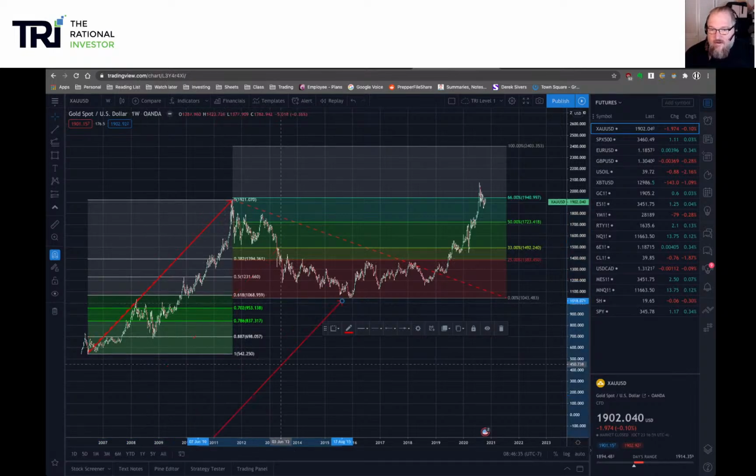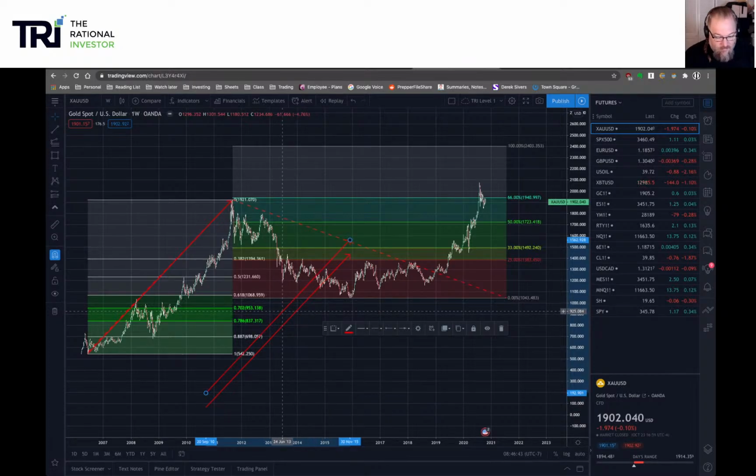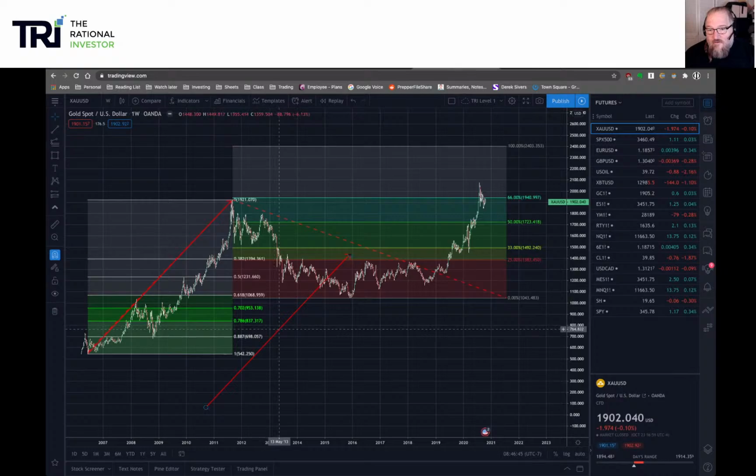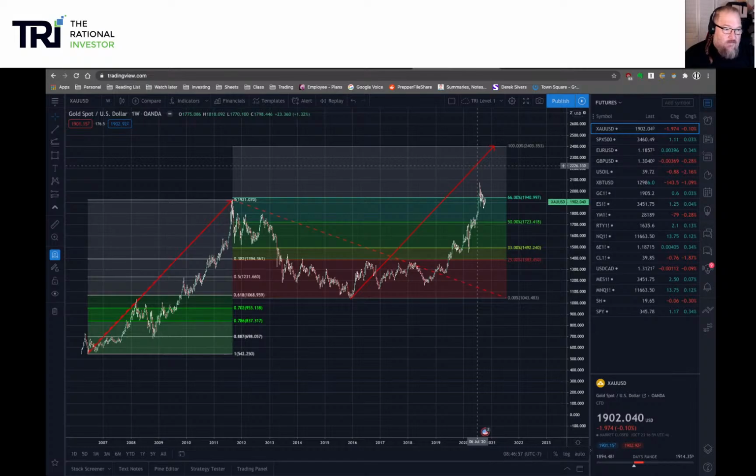All right, we end up with another one here. I think you can also duplicate in here. Yeah, if you hit clone, that will clone it alternately, okay? And then you can literally just drag this and place it over your newly established low, and that's another way of seeing that A, B, C, D, okay?